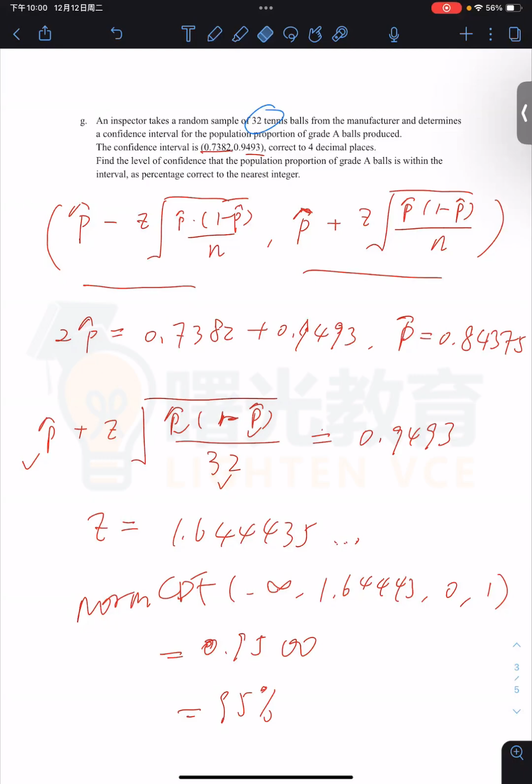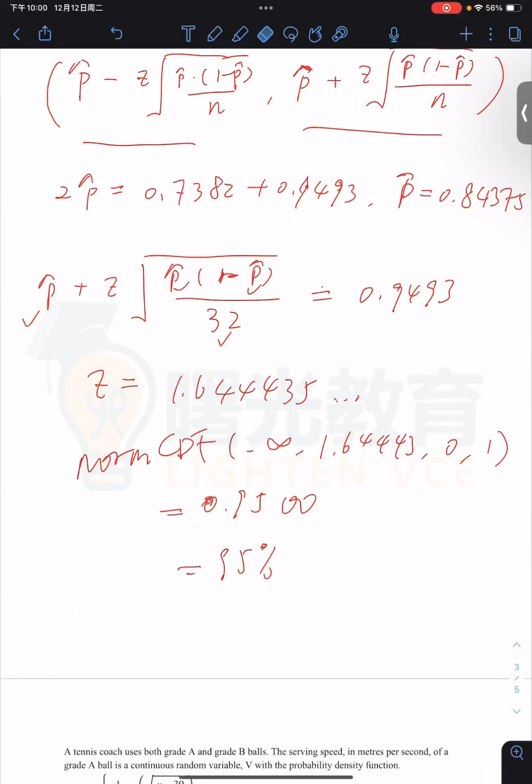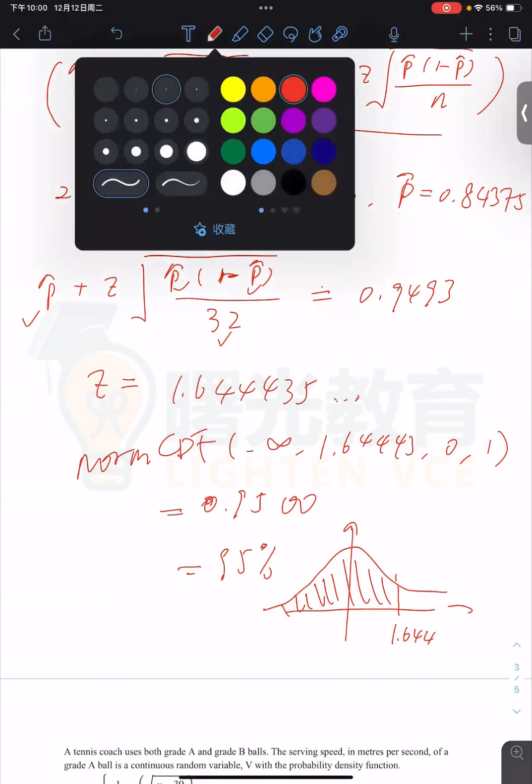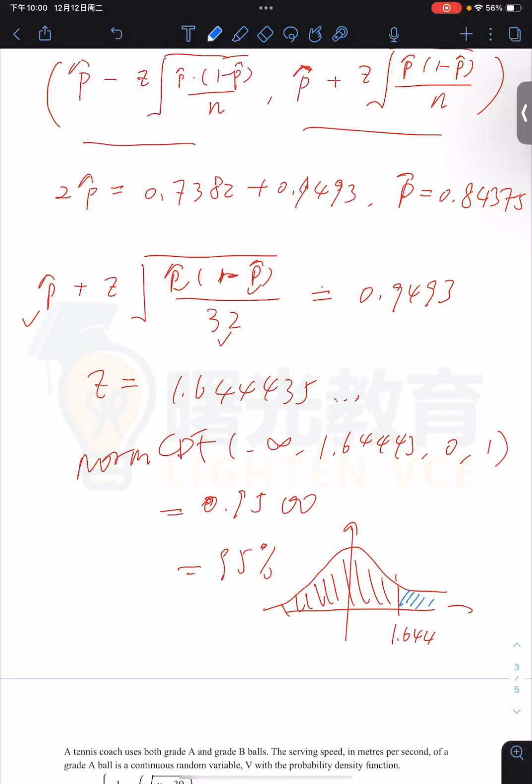However, if you sketch it, it goes to this value, and the complete area is 0.95, which means the tiny bit is 0.05, which is 5%.